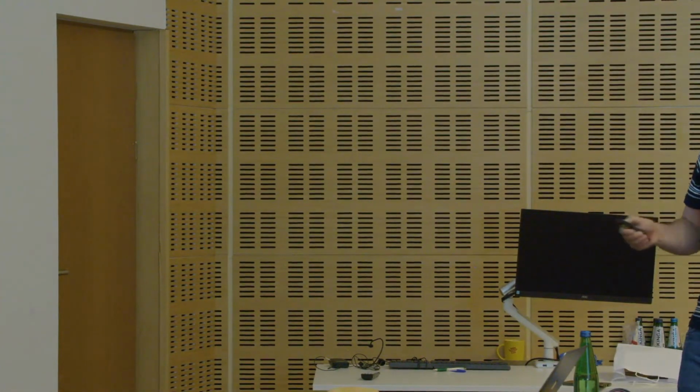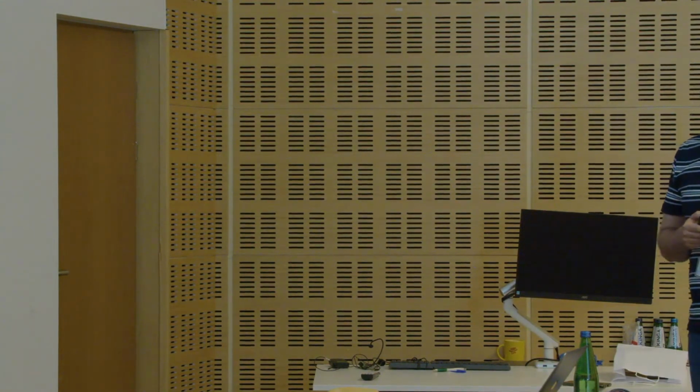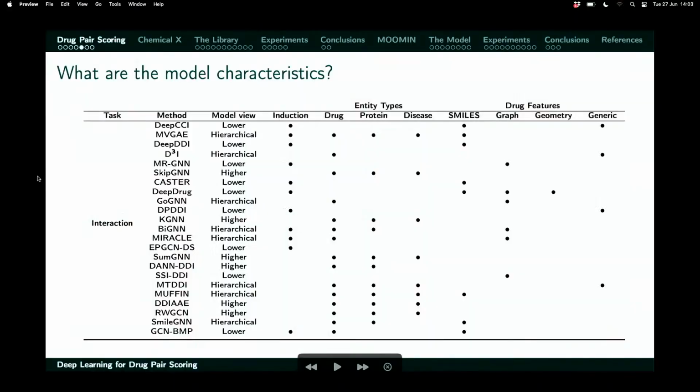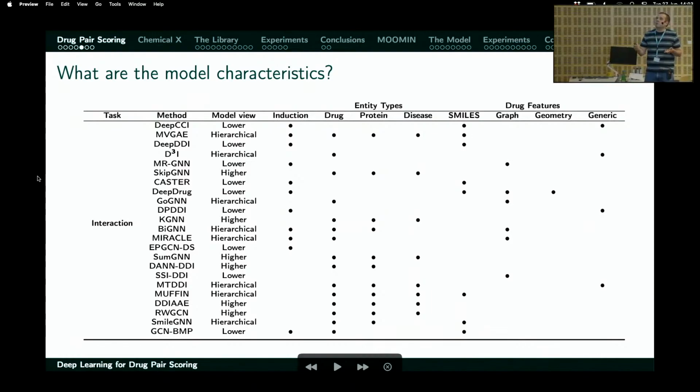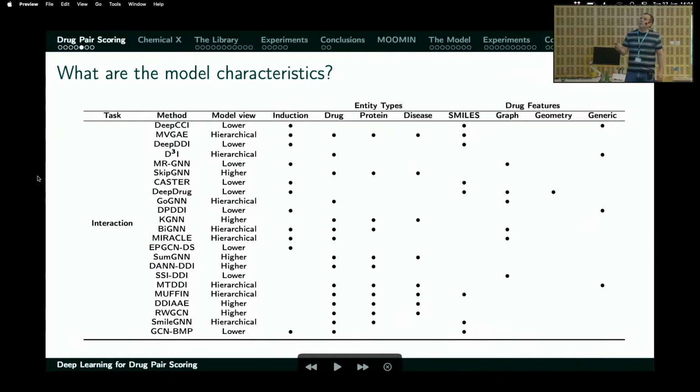Cool. Okay. So what we did at AstraZeneca is that we did a quite comprehensive literature review. And what we saw is that for the 3 types of tasks that you can have, interaction, synergy, and polypharmacology, generally you have a mixture of models: models that have a low-level molecular encoder, sometimes hierarchical models, and high-level systems biology models.